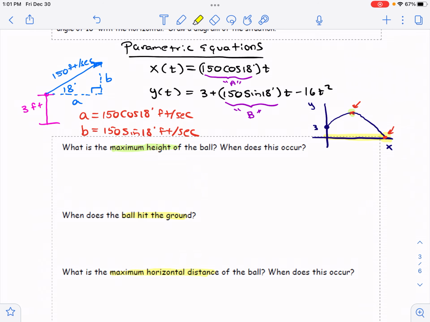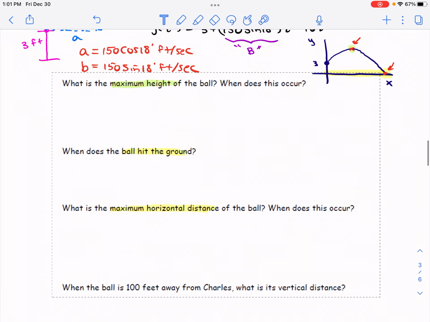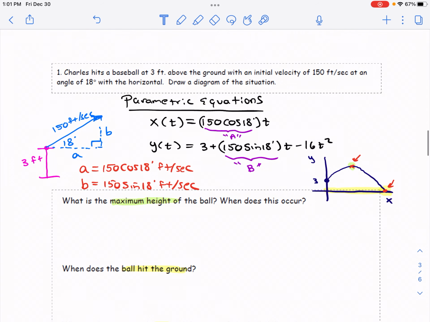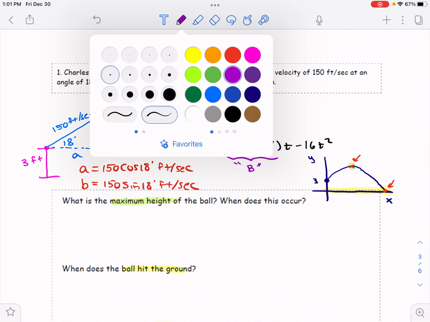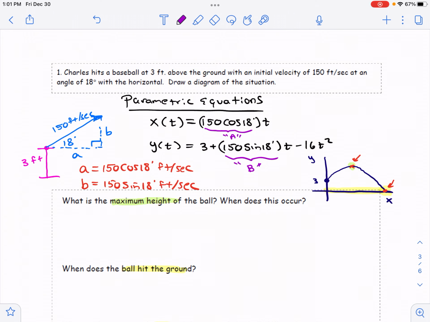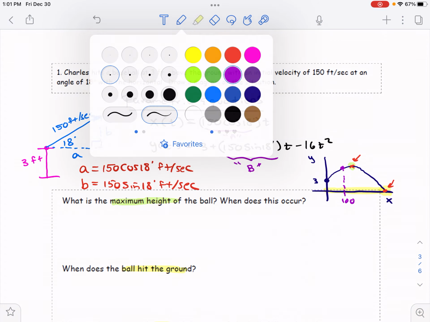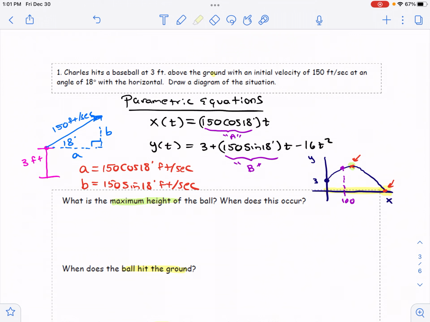Okay, so that's also something we need to know. And then it says when the ball's 100 feet away, what's the vertical distance? So I don't really yet know where 100 feet away would be. If we assume it's here, what they're asking is like, how high is the ball? So it would be that moment. So just kind of looking ahead, these are the type of things we're going to want to answer.